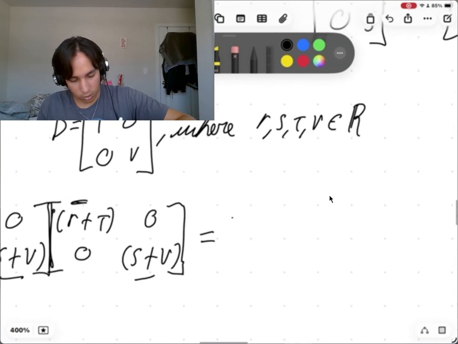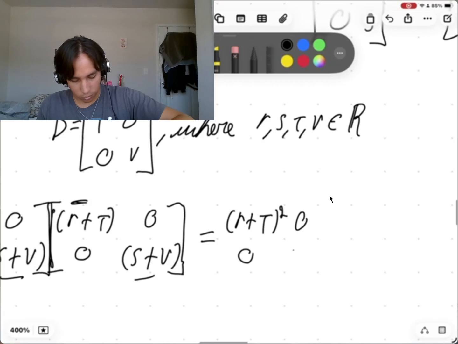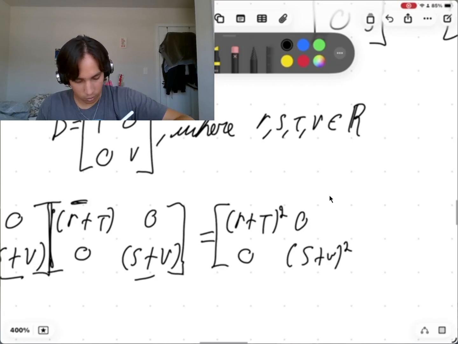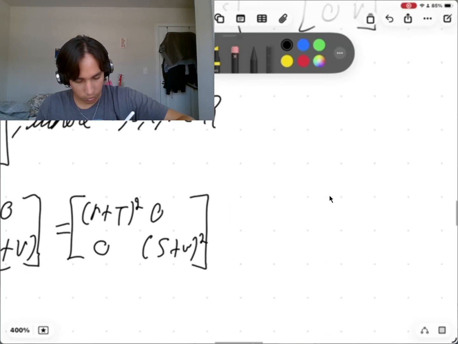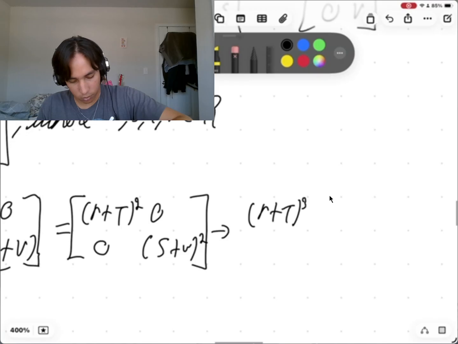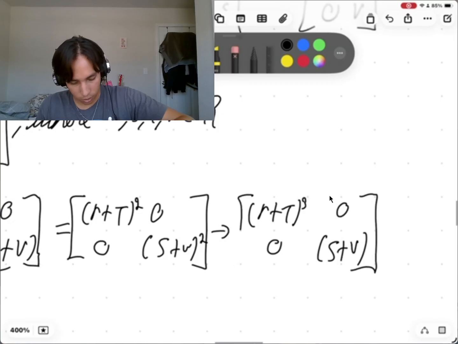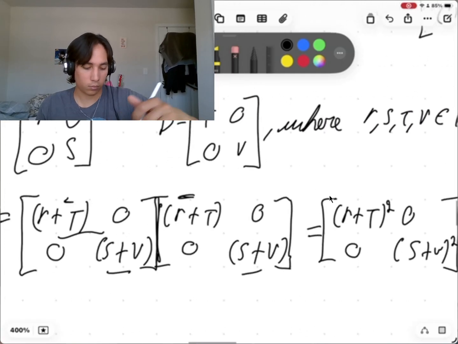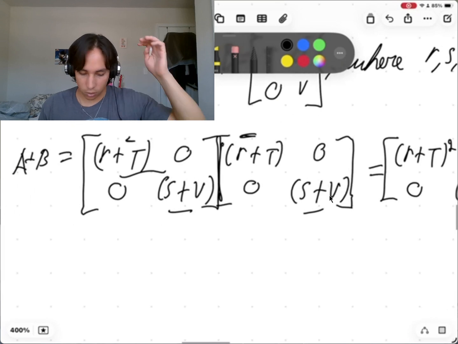It's gonna be R plus T squared, 0, 0, S plus V squared. It's basically just gonna be the same numbers all throughout. Then times 0, S plus V, right? Cubed.